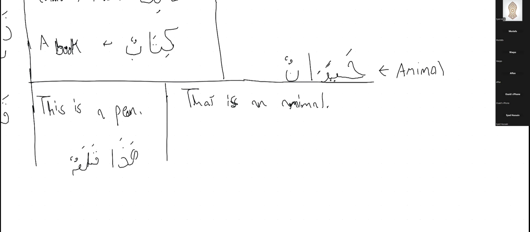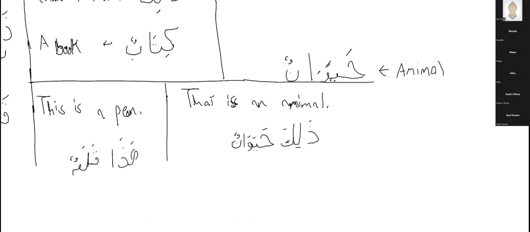So it would look like ذلك حيوان, right? ذلك حيوان, that is an animal.